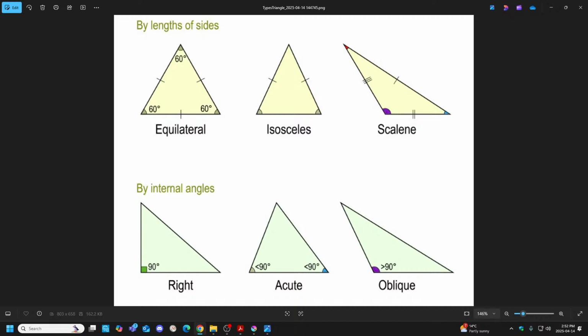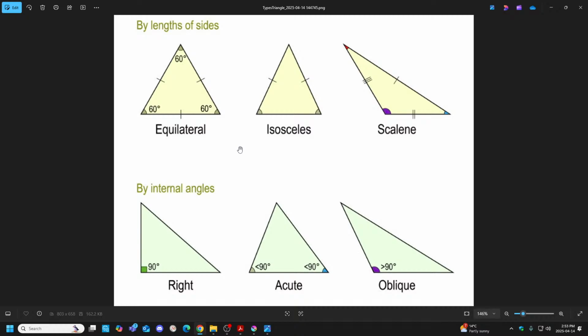Okay, vertices, the points where the sides intersect, also known as corners. I guess you could call them corners, where they intersect. Angle sum property. This is important. Remember this one. This is for every triangle, guys. Every triangle.